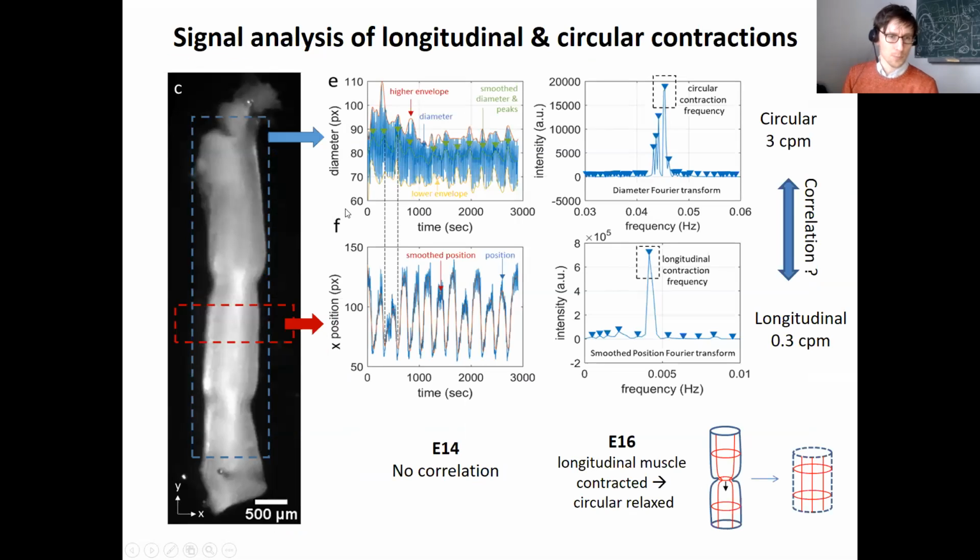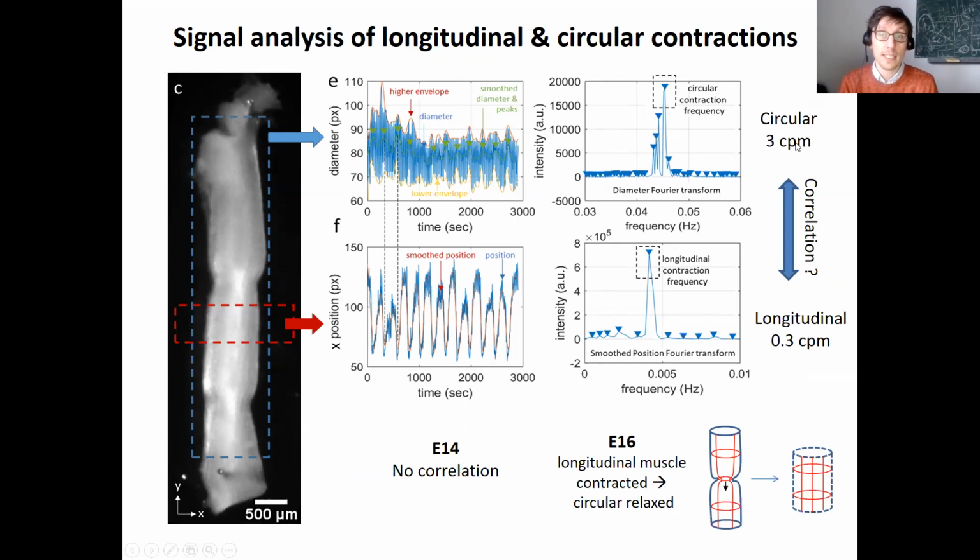We can actually differentiate them optically on whole mounts because the longitudinal contractions will give rise to a sideways buckling of the sample. So if we look at the average position, we recover the longitudinal contraction frequency of about 0.3 CPM, whereas if we look at the pinching, we find this high frequency signal at 3 CPM, which are the circular contractions.